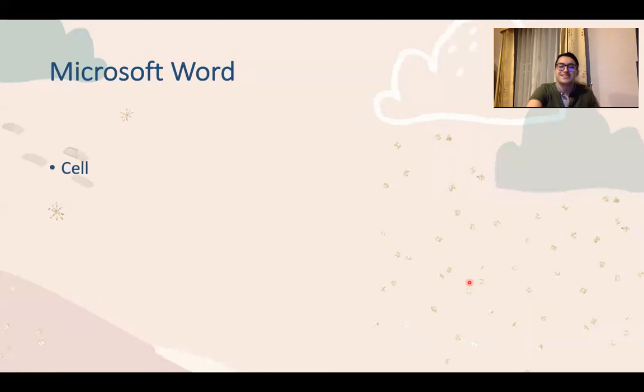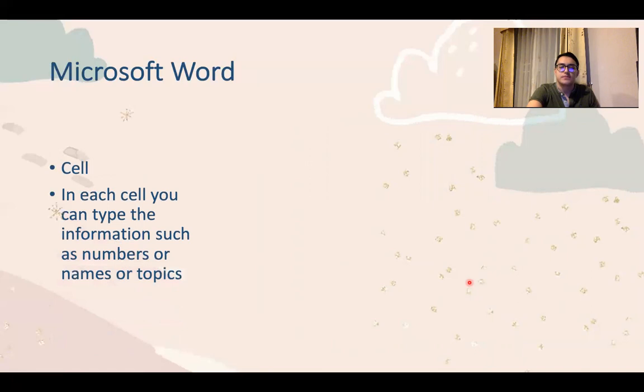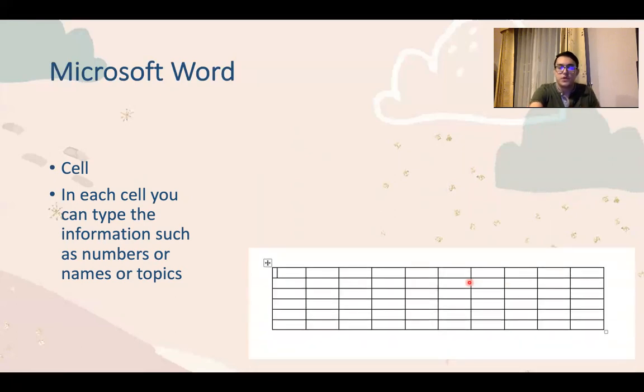Let's talk about cells. What is a cell? In each cell, you can type the information such as numbers or names or topics. Each of these is called a cell. So 1, 2, 3, 4, 5, 6, 7, 8, 9, 10.